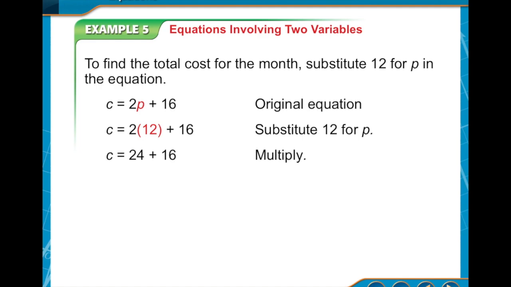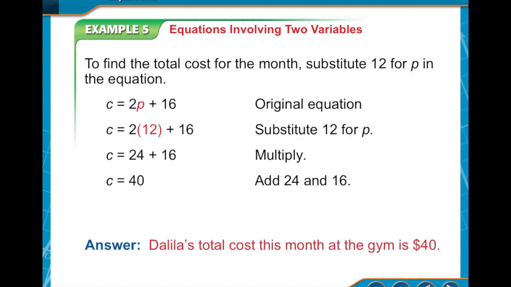And 24 plus 16, in your head or on a calculator, is 40. So the total cost she spent this month going to the gym is $40. So this example involves a couple variables, so we can use our math skills to solve it if we take it step by step. So the answer there: Dahlia's total cost for the gym is $40.